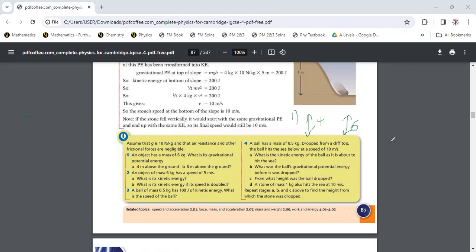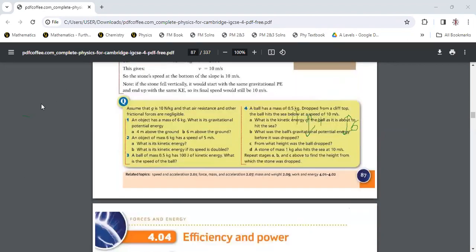How about part B? 360 joules. Yep, correct. All right, let's try Alvin. Okay, Alvin, try the next one. An object has a mass of 6 kg and a speed of 5 meters per second. What's its kinetic energy?